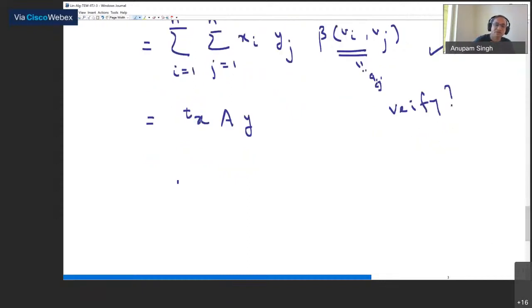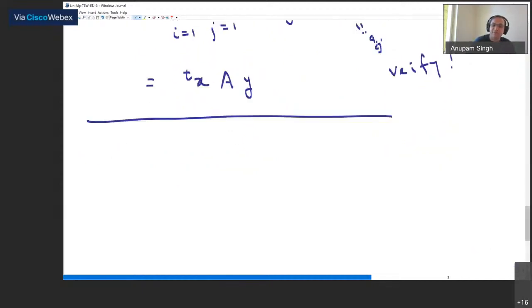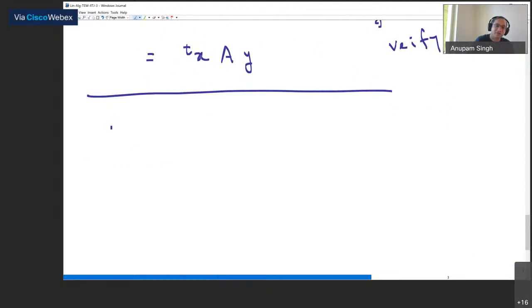Okay. So what we did here is that if I want to understand any bilinear form beta from V cross V to F, it can be simply obtained by some matrix in Mn(F).